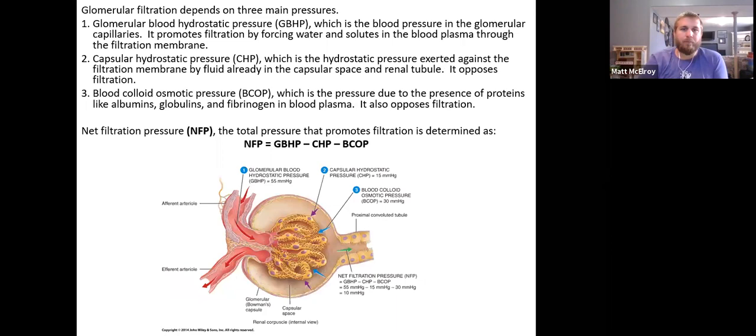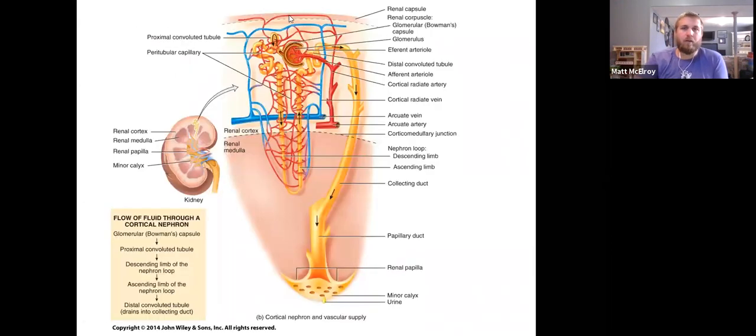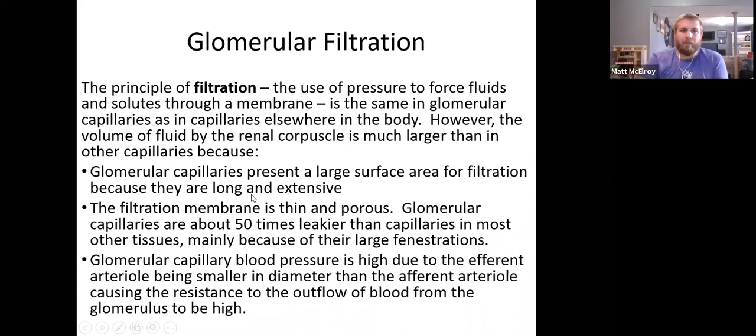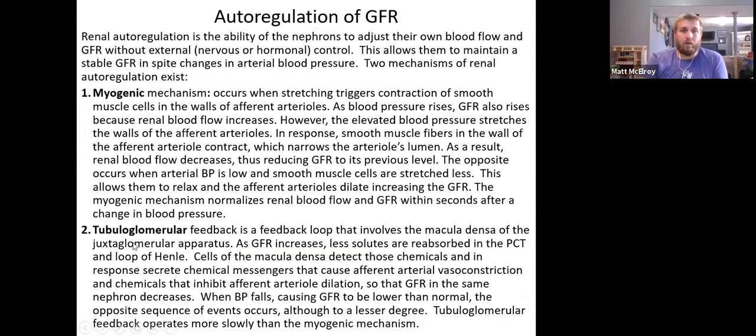If I go back to our figure of the nephron, remember a point in the distal convoluted tubule right here, it passes by that afferent arteriole. Here we show those cells of the distal convoluted tubule can communicate with these cells of the afferent arteriole. And they provide feedback, which we literally call tubuloglomerular feedback.